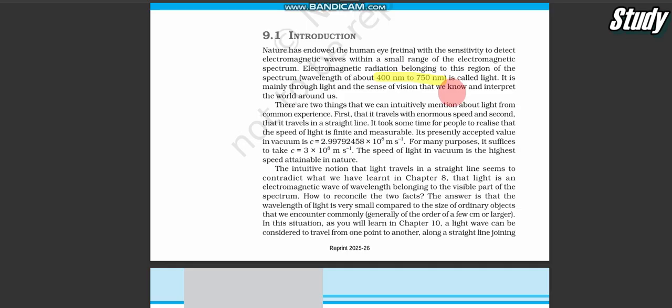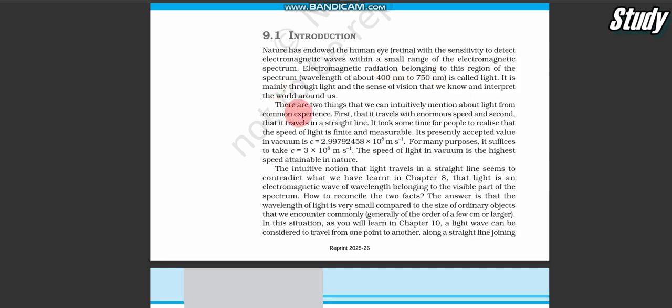It is mainly through light and the sense of vision that we know and interpret the world around us. It's mainly through light that we can sense our vision and encounter the objects around us easily. Without light, there is nothing we can do.